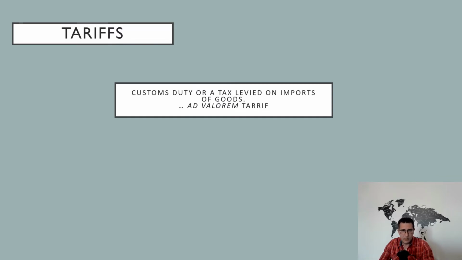The tariff can also be compounded from these two elements, but this type of mix is used less often. In the majority of cases, tariffs are levied on imports, but there are some cases in which tariffs apply also on exports. But as I said earlier, this happens very, very rarely.